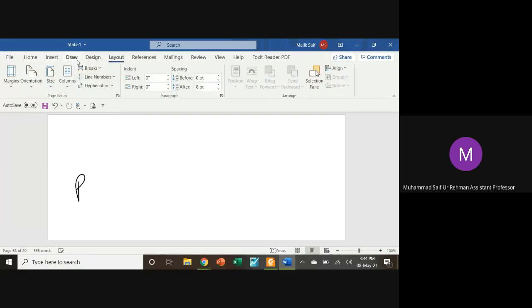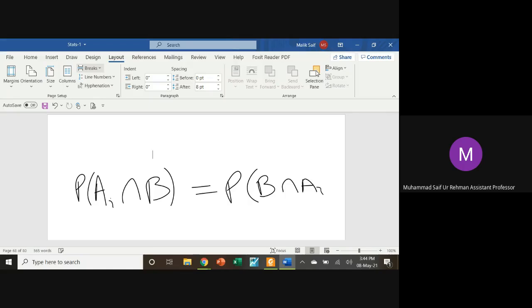If I write down probability of A intersection B equal to probability of B intersection A, is it true or not?